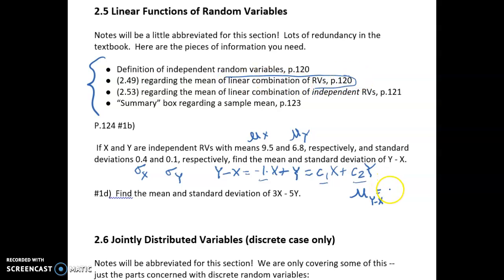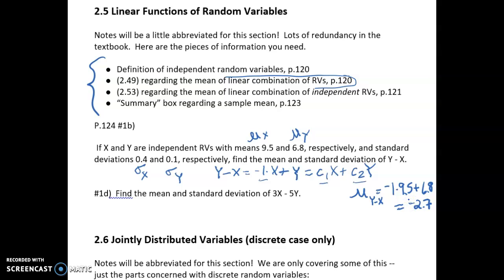It said c1 times the mean for X. So c1 was -1, the mean for X is 9.5, plus c2, which was 1, times the mean for Y, 6.8. And so if you add those together, what do you get? -2.7. So the mean for Y minus X is -2.7.